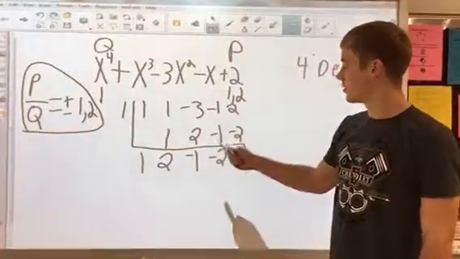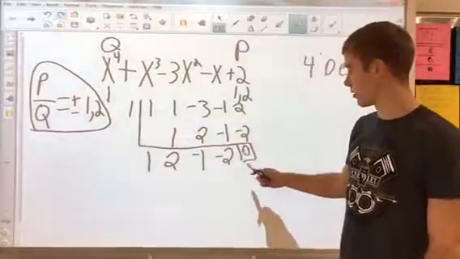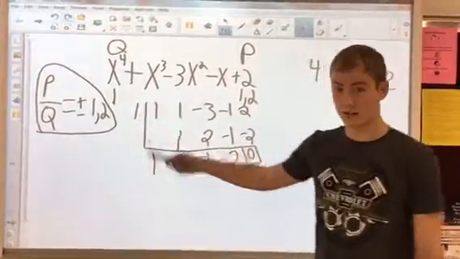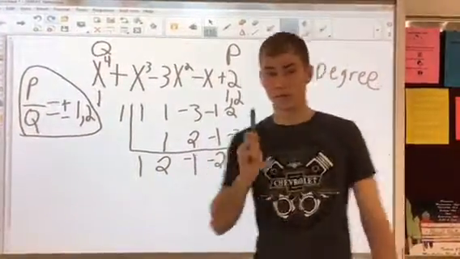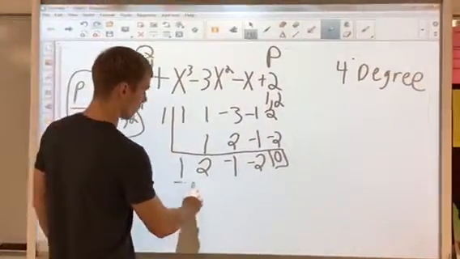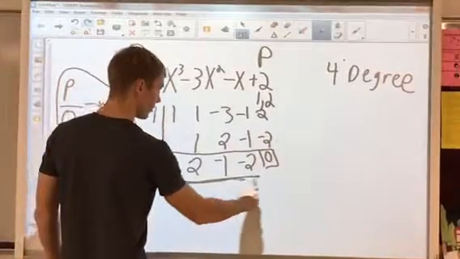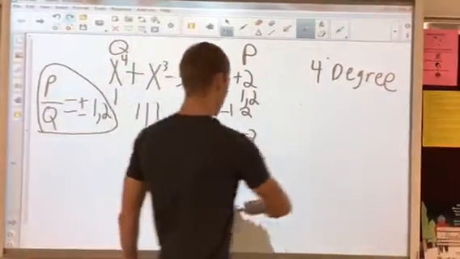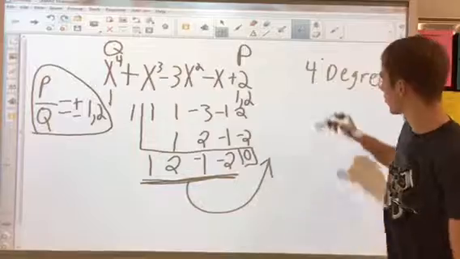Now then, since we have found one of our zeros, x equals 1, we will solve for our next 0. In order to do that, we take these bottom numbers from our last problem and plug them into the next problem.